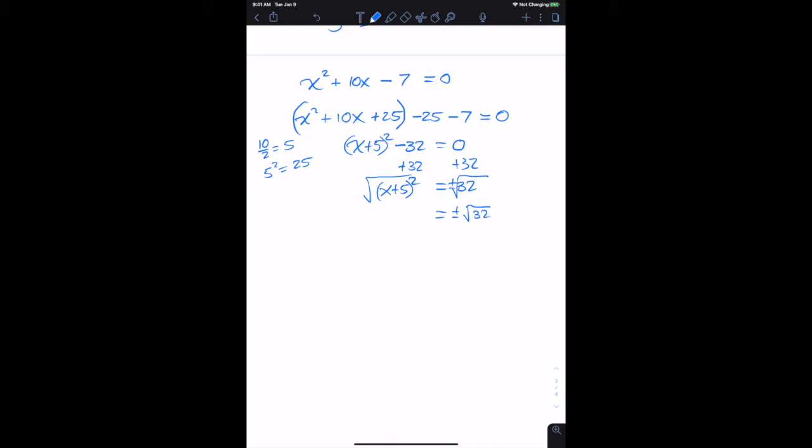Now that happens to be 16 times 2 inside the radical, so couldn't we call that 4 root 2? And this becomes x plus 5. So when I subtract 5, I get x is equal to negative 5 plus or minus 4 root 2. And we've actually come up with two exact answers that solve for x.